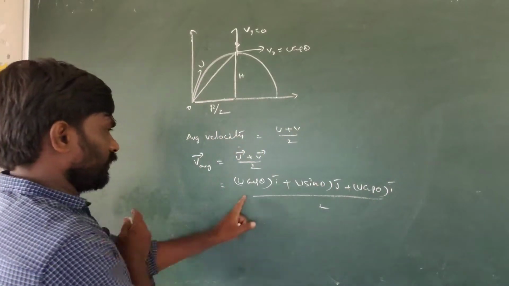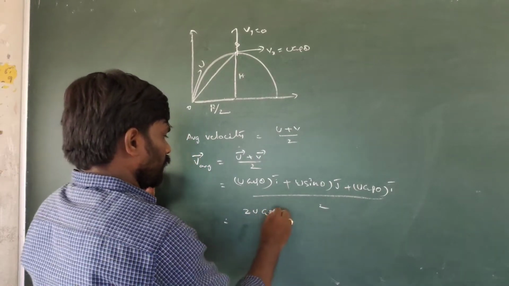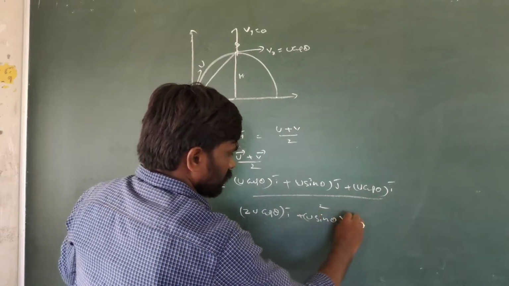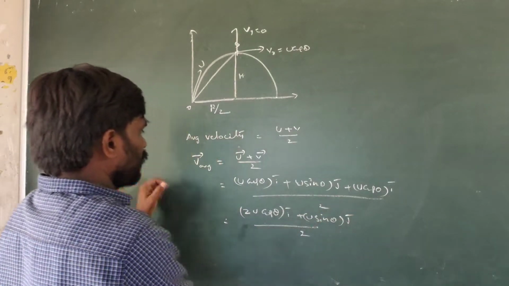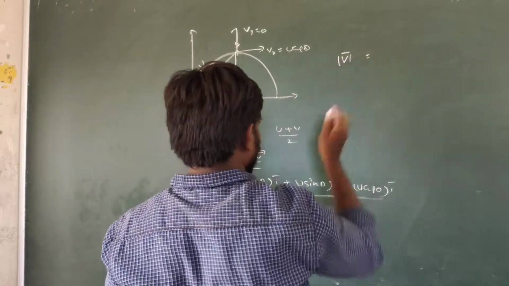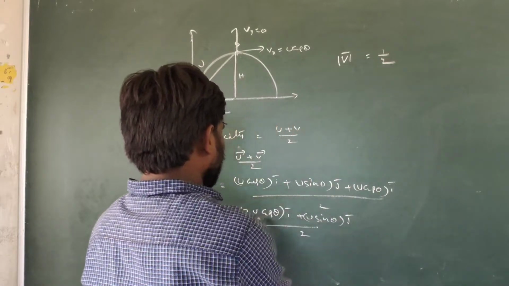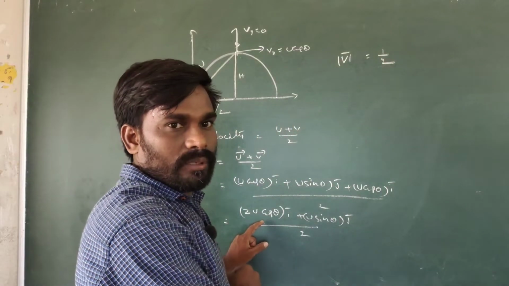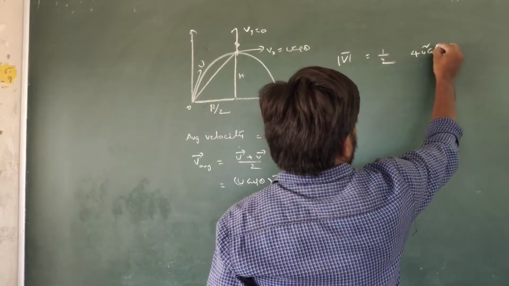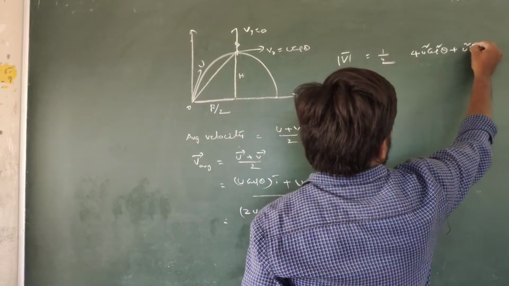Then from this, 2u cos theta into i bar plus u sin theta into j bar, by 2. Then you find the magnitude of the velocity. v mod is equal to, here 1 by 2 is common, the square root of ux square plus uy square: 4 u square cos square theta plus u square sin square theta.